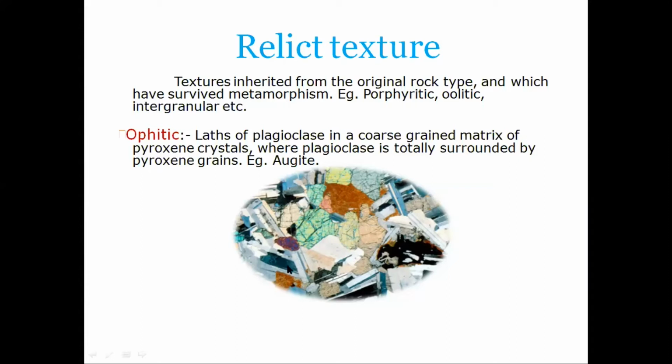You can see they occur as joint crystals, grouped and combined crystals, surrounded by pyroxene crystals, and you can see there are some pyroxene crystals present in this thin section. So relic texture can be for igneous rocks, and it can also be for sedimentary rocks. Maybe a sandstone can also have a relic texture if it is not quartzite and the sandstone has been changed into meta sandstone.